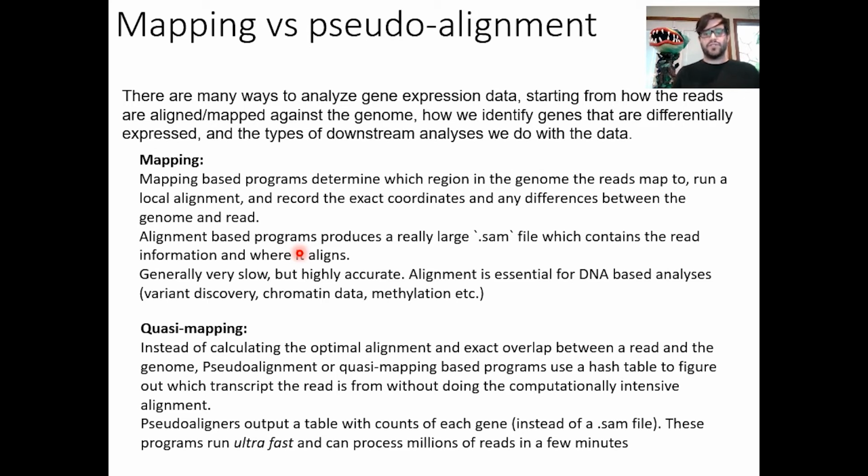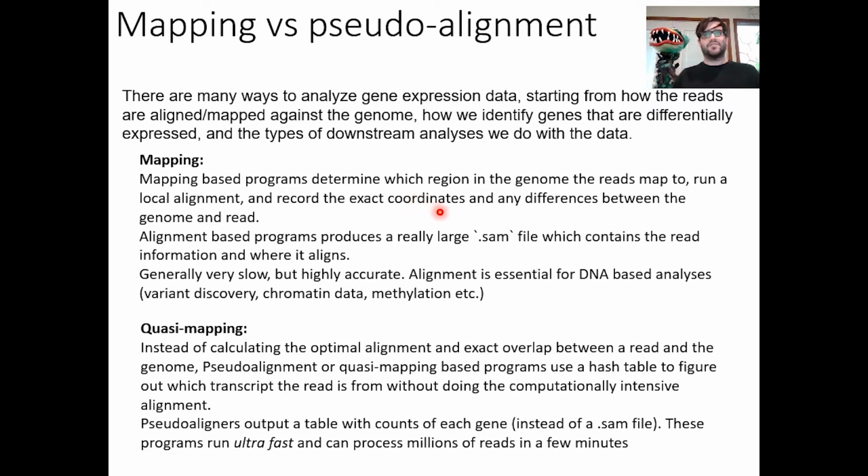What they'll do is very similar to the first step here: it will create this hash table of just the gene models and see which gene model that RNA-seq read is mapping to best.